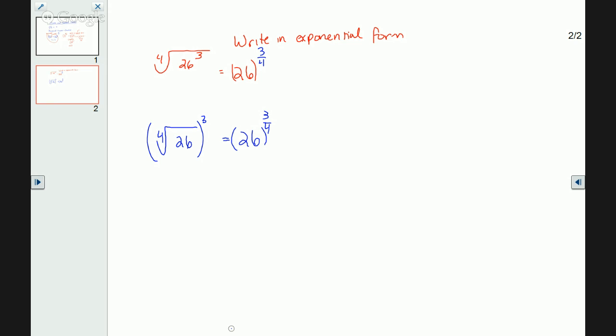Does anybody know how to input this into a calculator? Remember what that button is? That's your calculator.